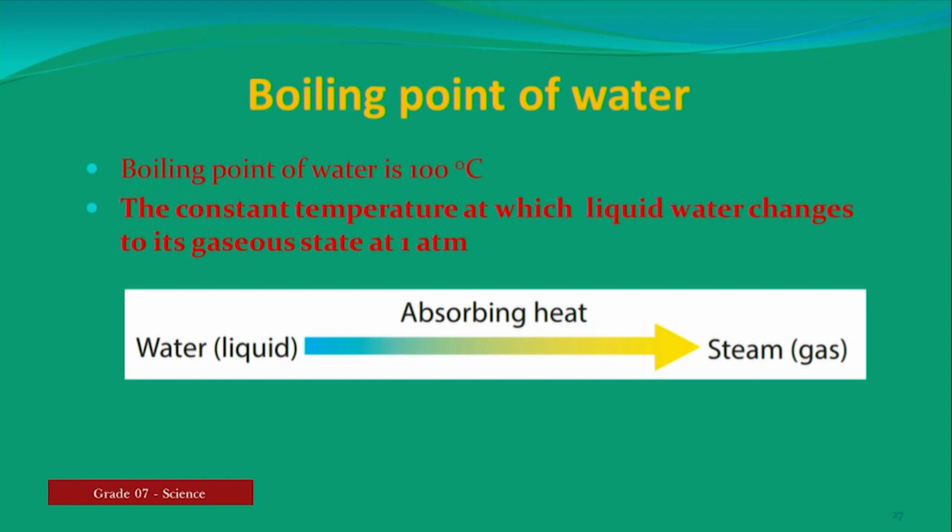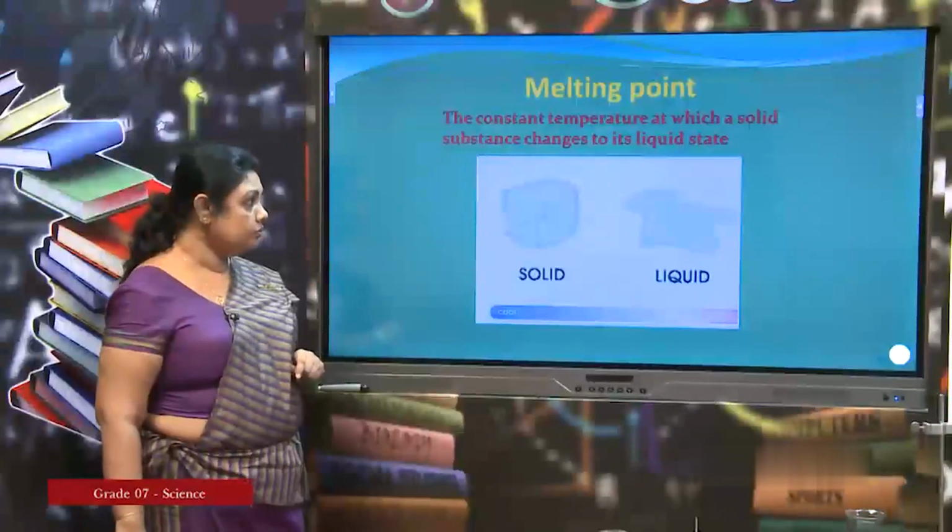Iron and some other substances have temperatures that go very, very high, into the thousands. So, any constant temperature at which, by absorbing heat, the state of matter turns from liquid to gas is called the boiling point.